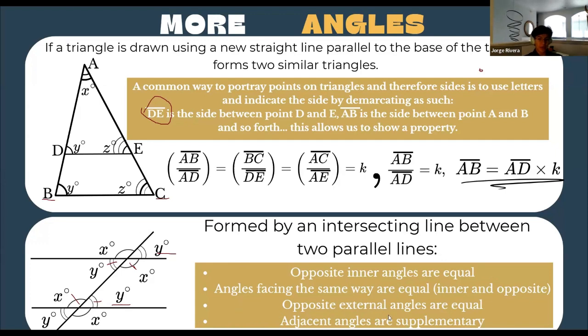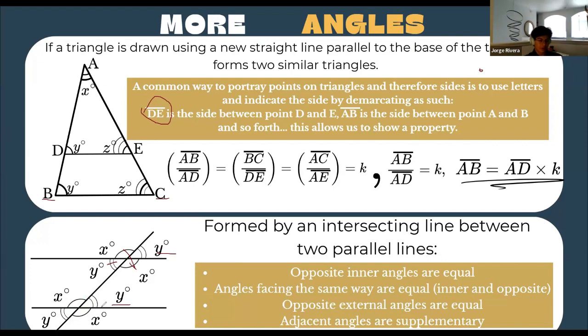Opposite external angles are equal. This derives from the fact that this creates vertical angle pairs going through here, here, here and here, right? So those all create angle pairs.